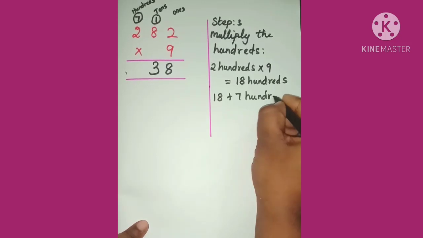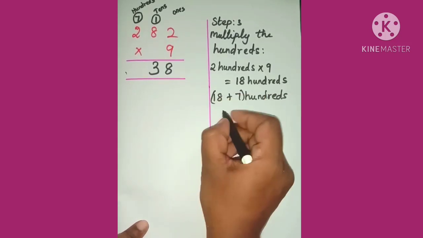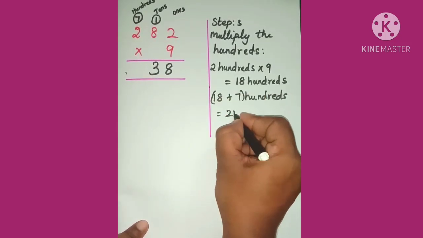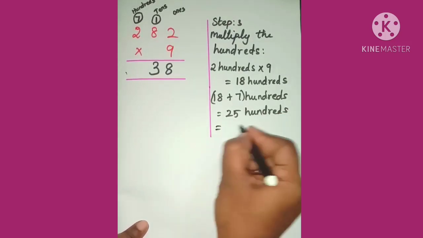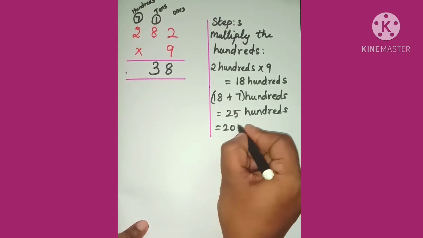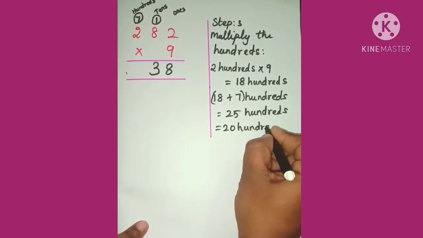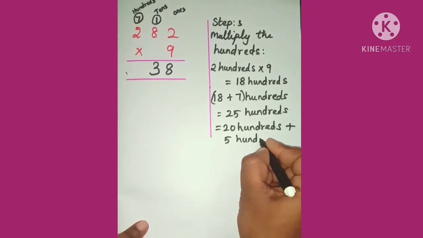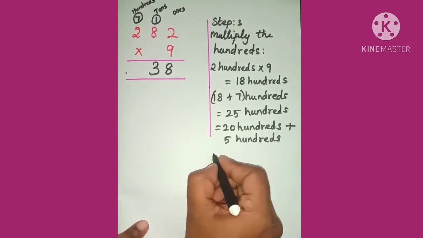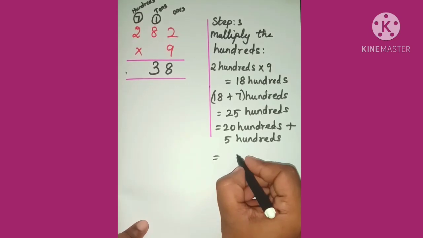We get 2500s. Now, 2500s can be written as 20 hundreds plus 500s. So, children, there is no change in 500s.